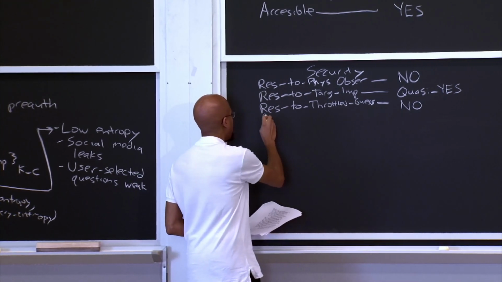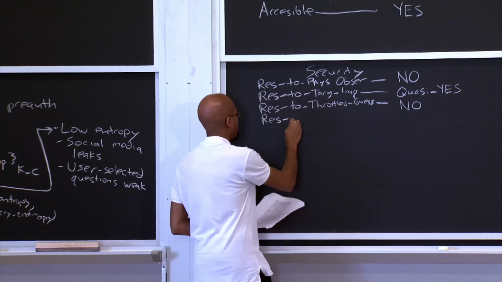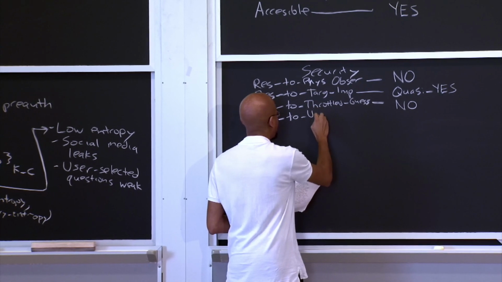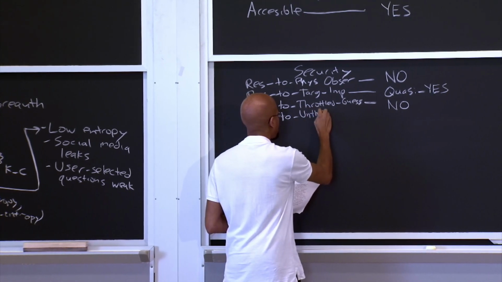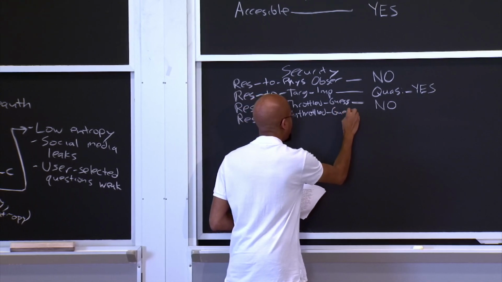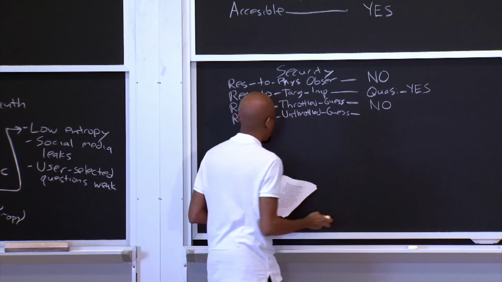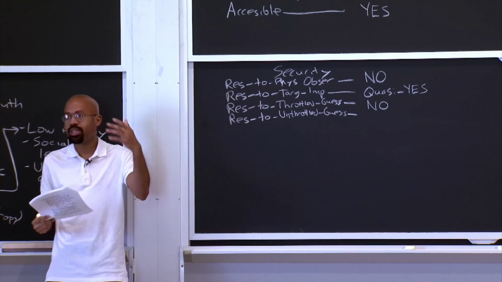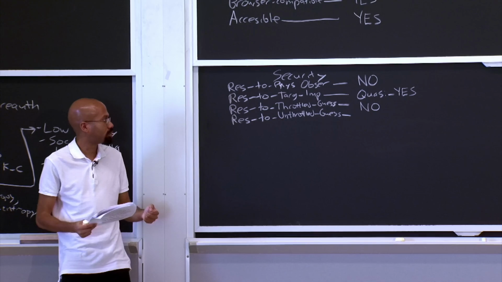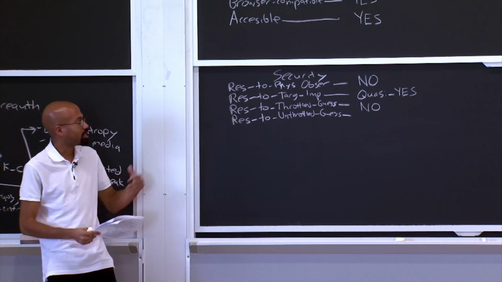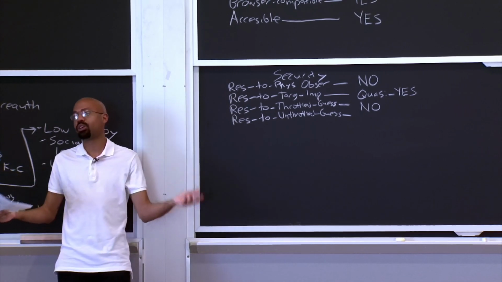So they define another guessing property, which is resistant to unthrottled guessing. And so this is basically saying, suppose that the attacker can issue these authentication forgery requests as quickly as he or she wants, right? So in other words, the attacker is only limited by the speed of their hardware.